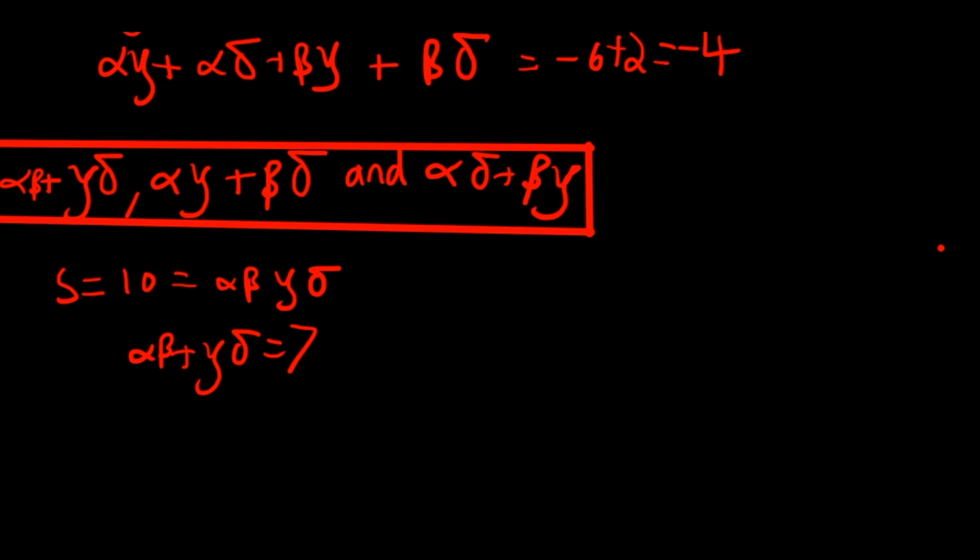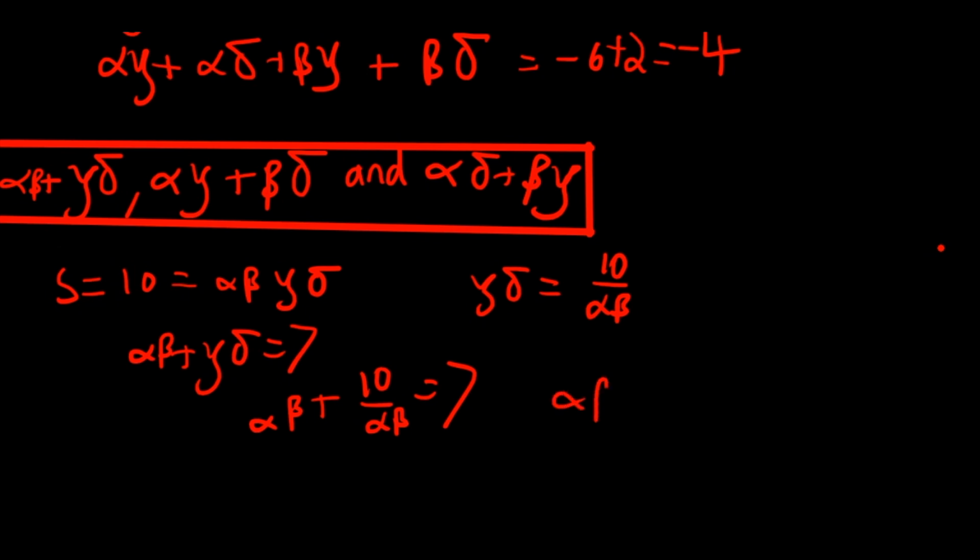So because we want the value of alpha beta, we'll have to substitute out the value of gamma delta. So gamma delta will be equal to 10 over alpha beta, and substituting this into the second equation will give us alpha beta plus 10 over alpha beta is equal to 7, and then multiplying both sides by alpha beta and rearranging will give us alpha beta squared minus 7 alpha beta plus 10 is equal to 0.